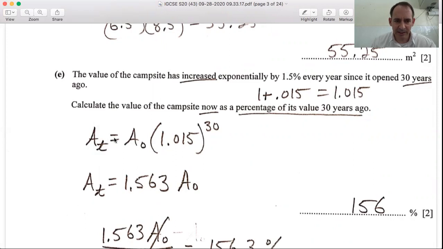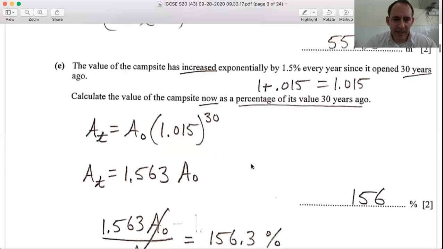Amount after time equals original amount, and then times the rate, which is 1 plus 0.015, or 1.015, raised to the time, which is 30 years. Now, it might make you a little nervous because you have two unknown variables with just one equation. Don't worry about it. Keep working with what you have.